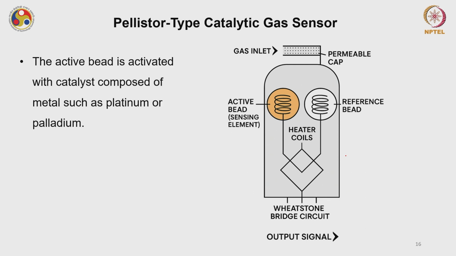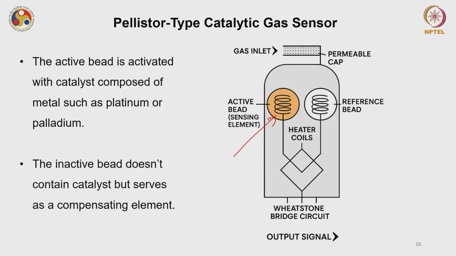The active bead is activated with a catalyst composed of metals such as platinum or palladium. The inactive bead doesn't contain any catalyst but serves as a compensating element. So you have an active bead, which is of course sensitized with some catalyst, and the reference bead is not sensitized.